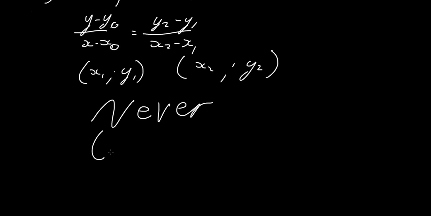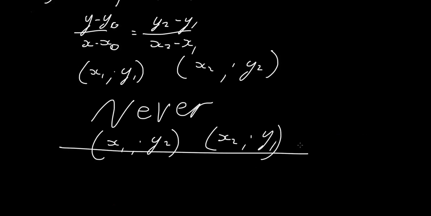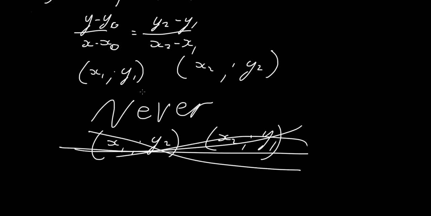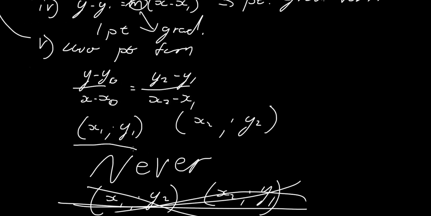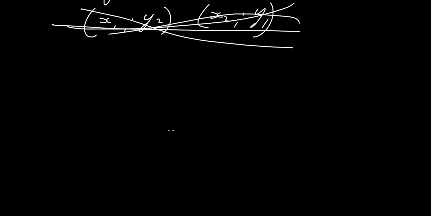So never say x1, y2, x2, y1. Okay? Don't do that. It doesn't matter which ordered pair you select as x1, y1 and x2, y2, just as long as x1 and y1 belong to one ordered pair and x2 and y2 belong to another ordered pair. Okay, so that covers all of the forms of the straight line and all of the ways to manipulate them.